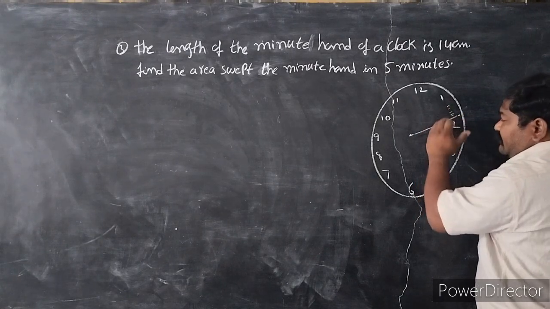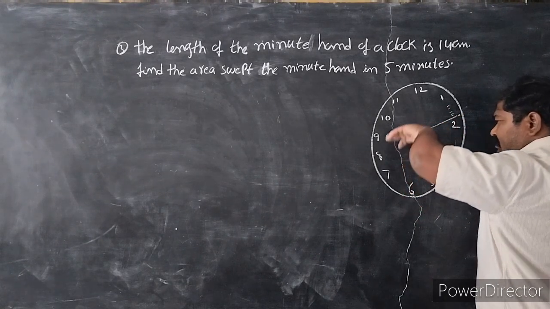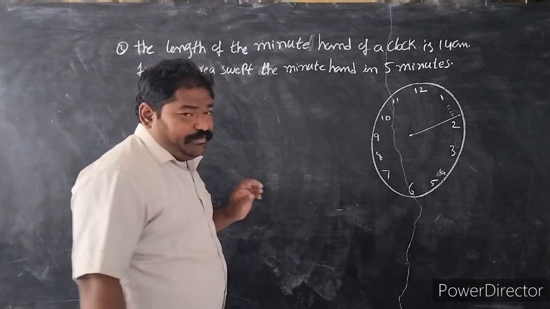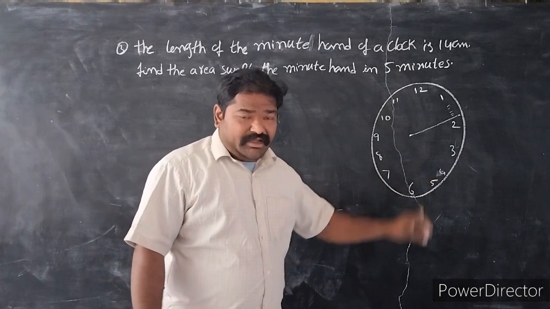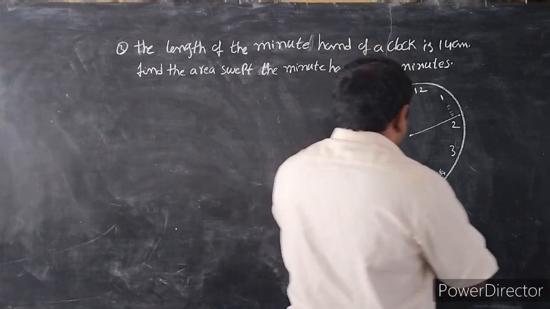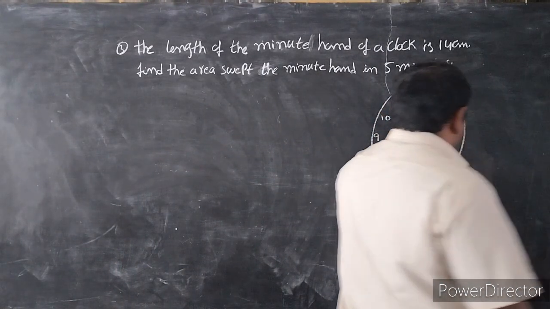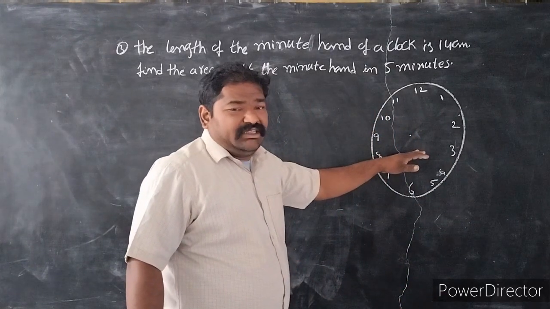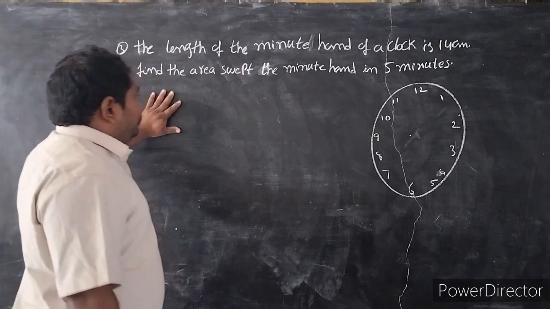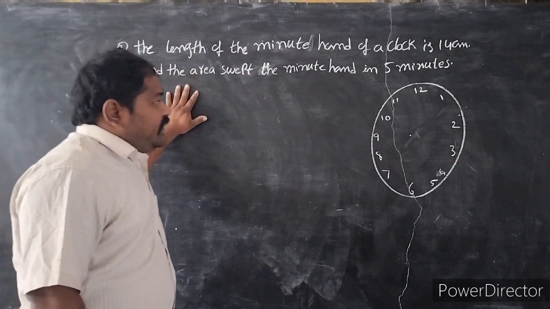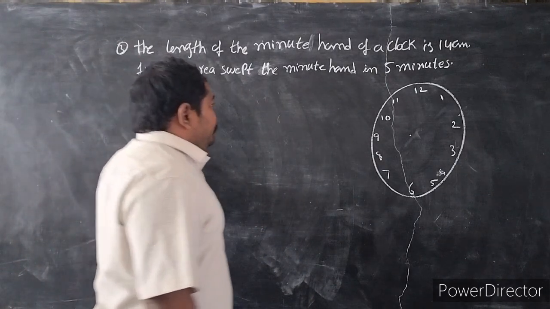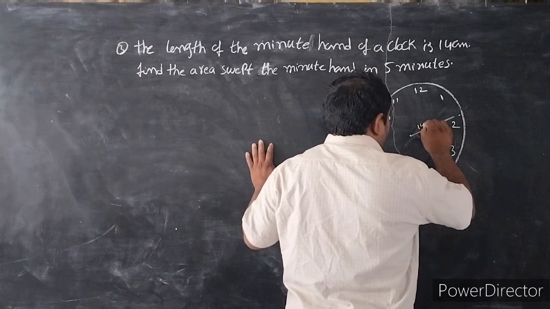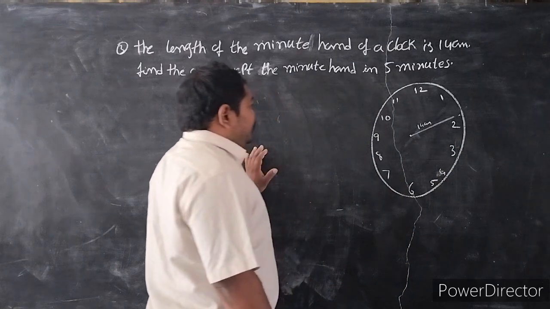When the minute hand rotates in this direction, it will reach almost the radius of the clock. This is a 12 hour clock. The length of the minute hand is 14 centimeters, they have given.